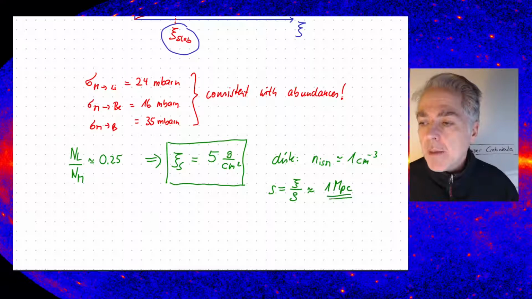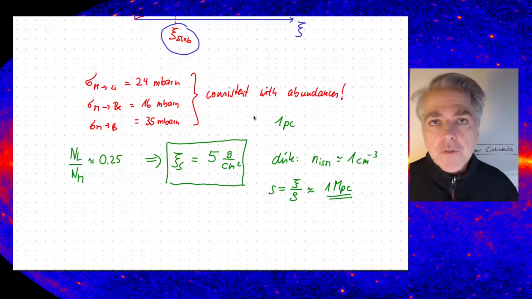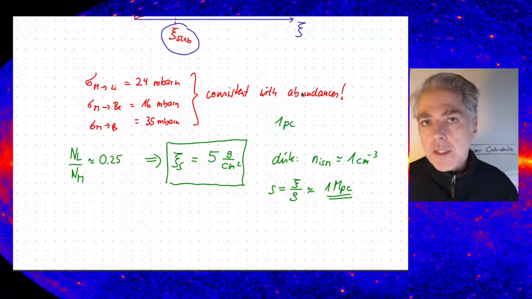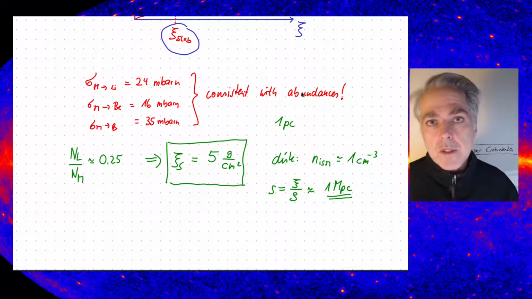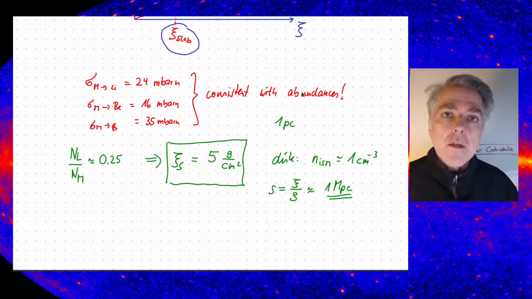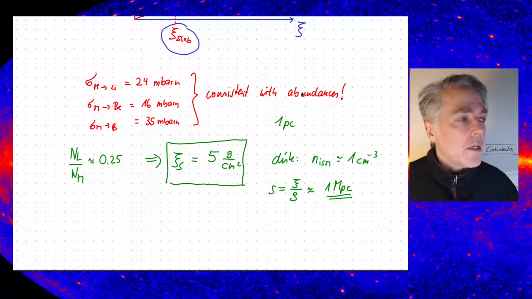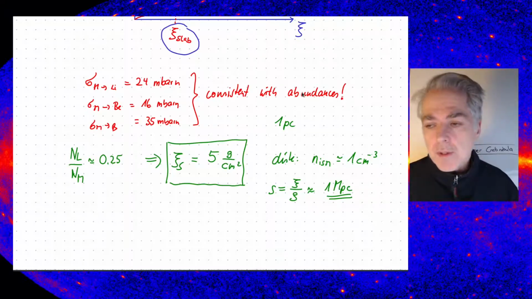So 1 megaparsec means 10 to the 6 parsecs. And 1 parsec, for those of you who haven't taken any astrophysics courses, is essentially a distance scale which comes from the fact that a star about 1 parsec away, we would see going through a motion of about 1 arc second in the sky because of the motion of the Earth around the Sun.